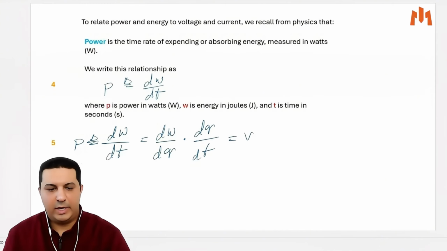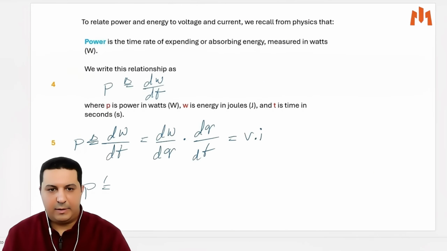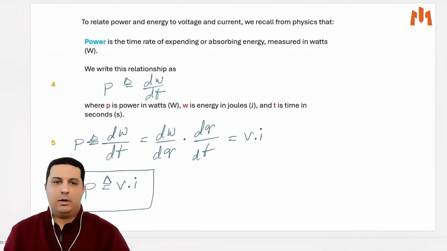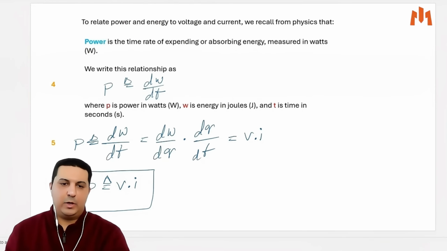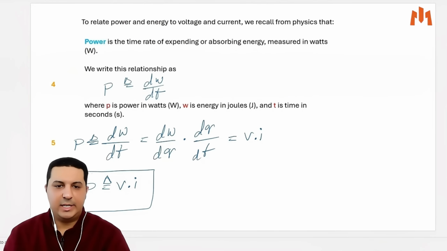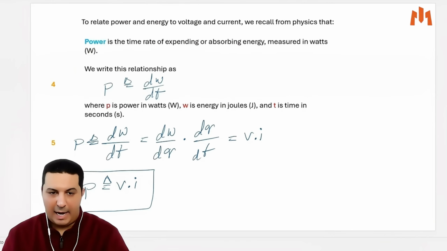It means V multiplied by I. As you see, this is P defined as VI. So this is the equation of the relationship between voltage, current, and, as you see, the power.